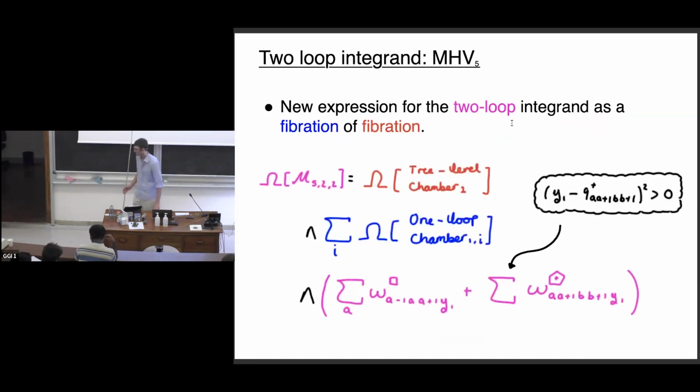And this allows us to write the two-loop integrand as the fibration of fibration, because we now know the chamber structure. And maybe one thing for those of you in the know, the canonical forms of the two-loop fibers can have a very simple expression in terms of box integrands and chiral pentagons. Not important.